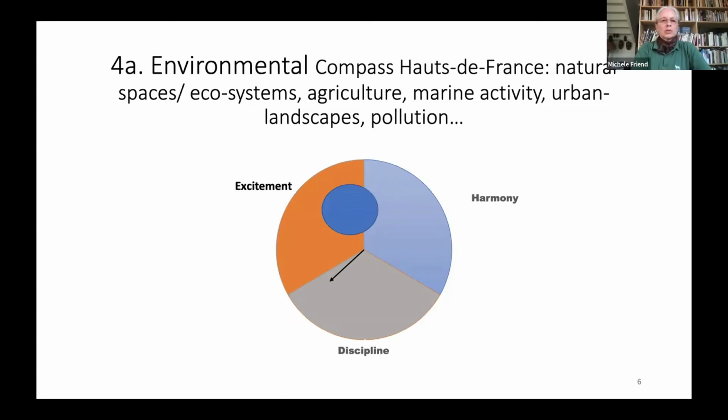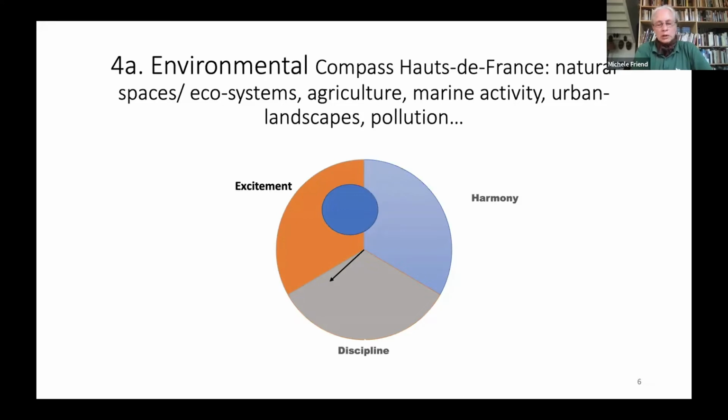So this is the environmental compass for Hauts-de-France. And as I said, it has to do with the natural spaces, which would bring the arrow towards harmony. And what we find is that the arrow is in discipline and it's towards excitement. The reason for this is that almost all of the waterways are heavily polluted.